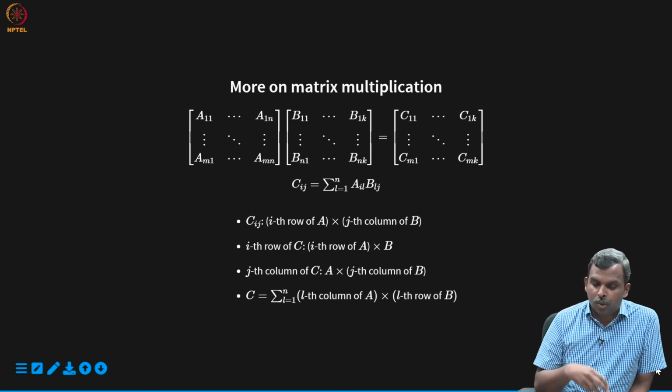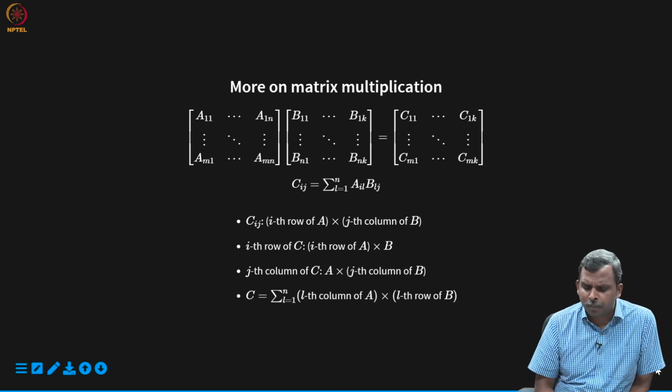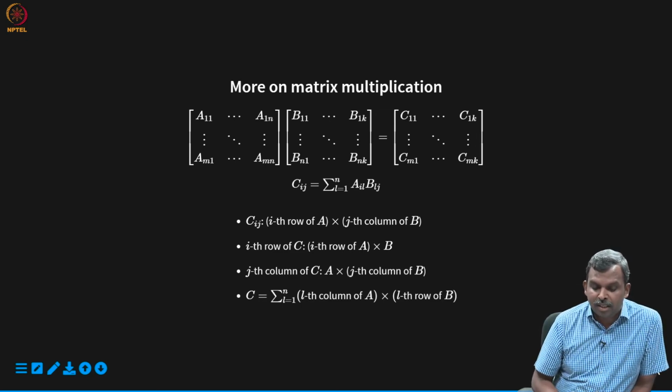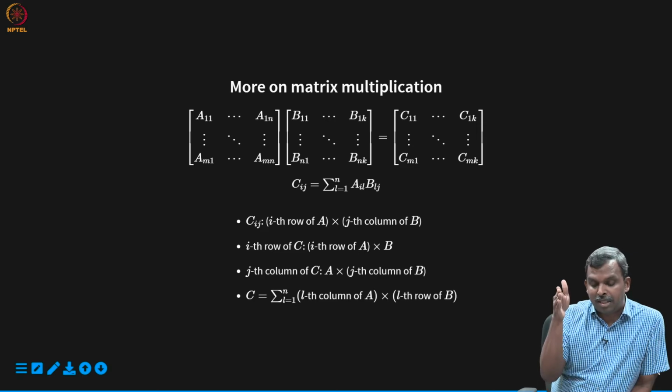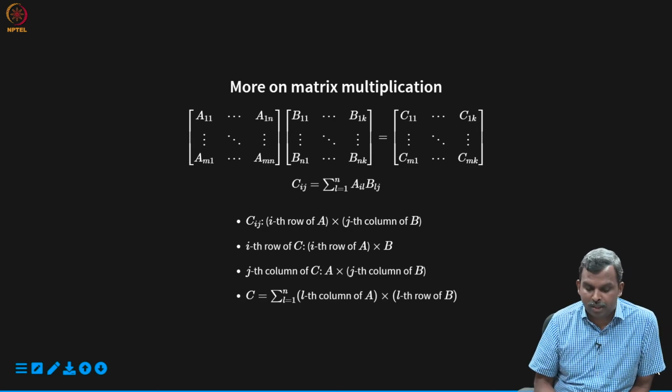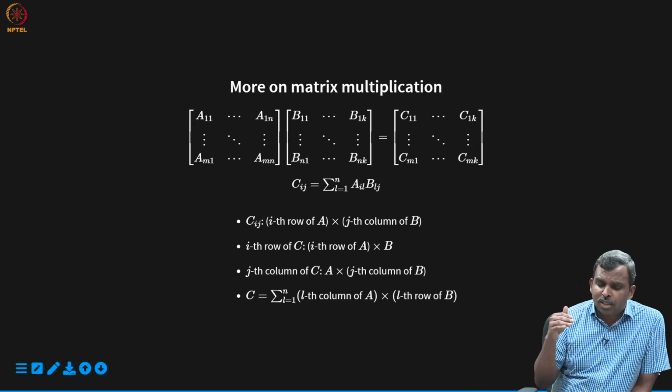Okay. So we saw the definition of matrix multiplication. There are lots of interesting observations that one can make. Of course, Cij is the ith row of A times the jth column of B, right. So both of them will correspond in the number of elements if just doing a dot product. So that will work out. Okay. So that's correct. What about the ith row of C?